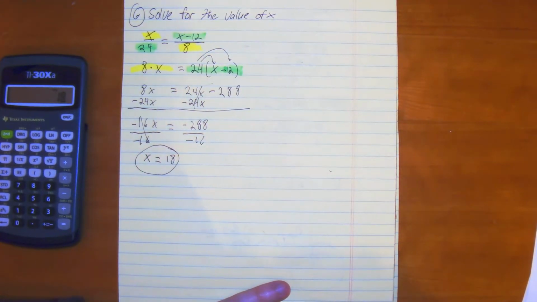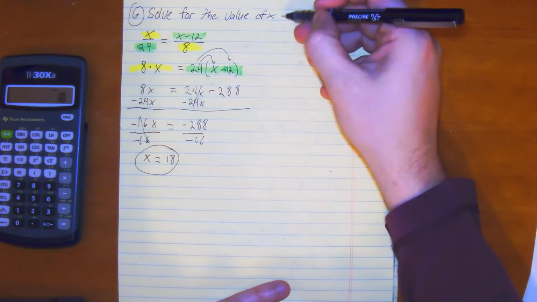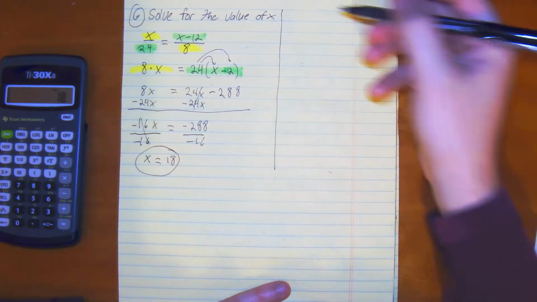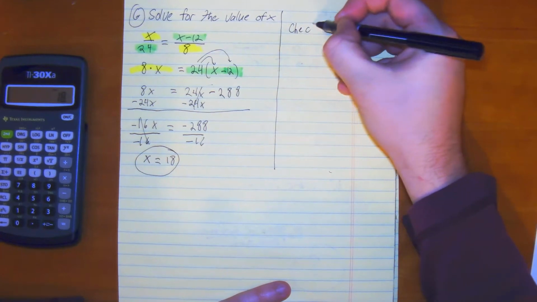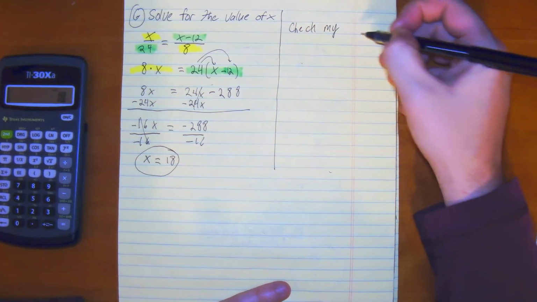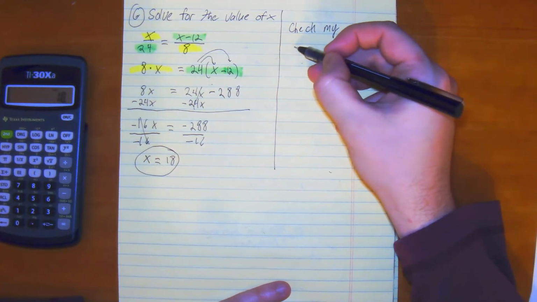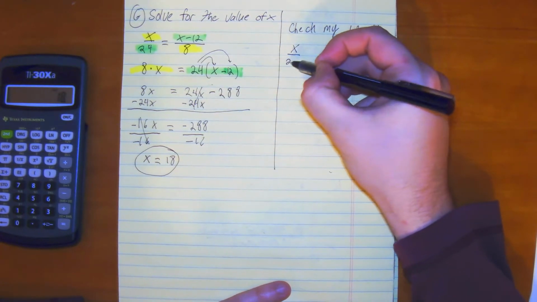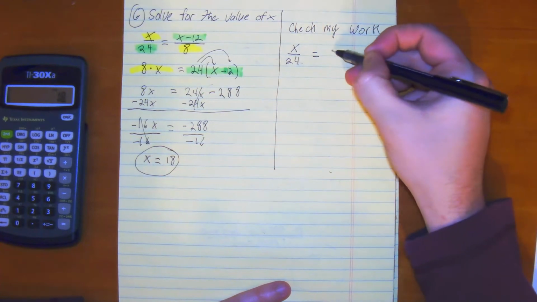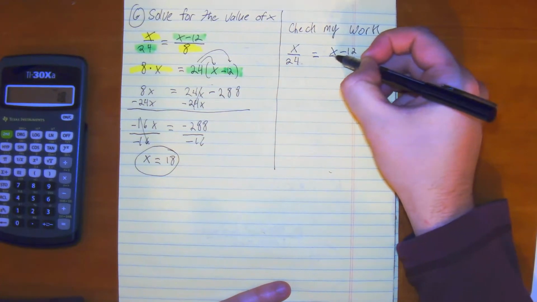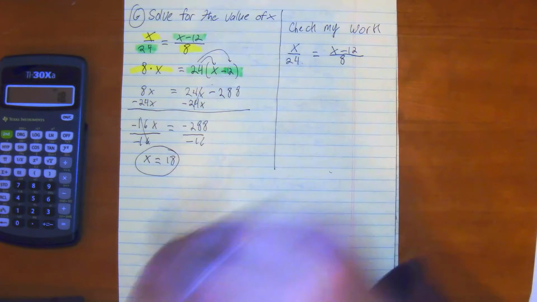Again, I'm not so confident with my answer, so I need to check my work. So what we have is x over 24 is equal to x minus 12 all over 8.